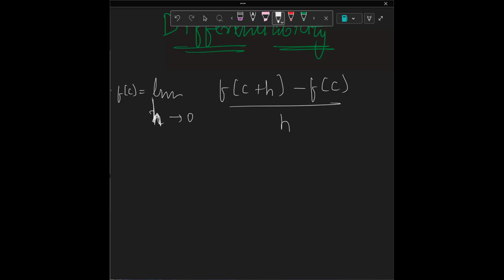So this is basically the representation of the derivative of your function f with the variable c.